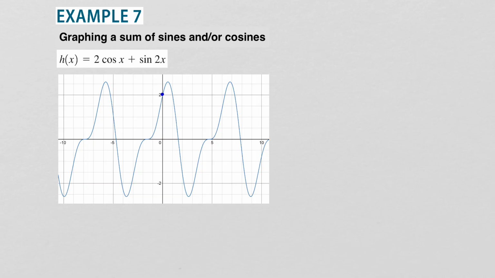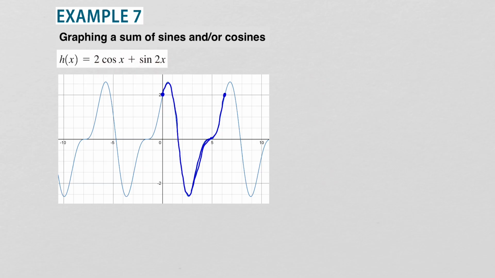So here we have the beginning of the graph, let's say, and you can see that after it goes through this phase of the graph and reaches this point, that repeats. So after this point here, you can see that this section of the graph is simply going to repeat over and over again. So these graphs are still periodic.